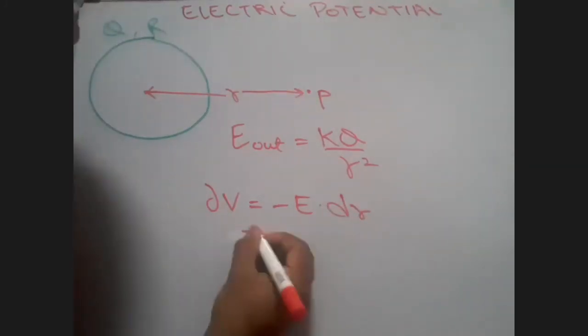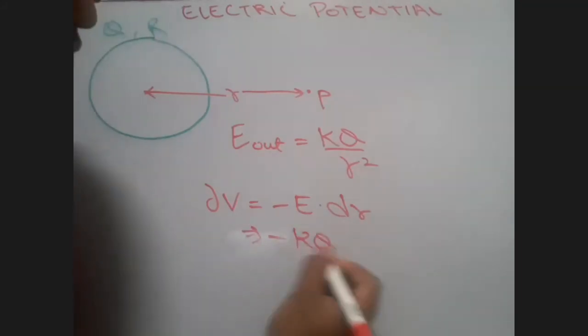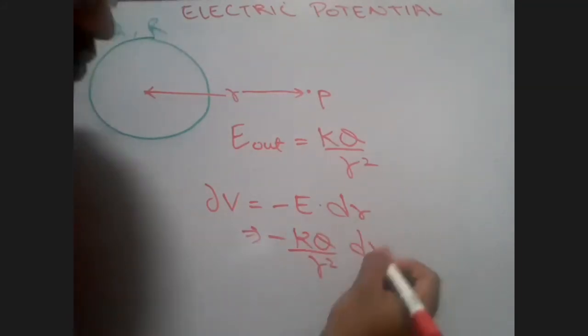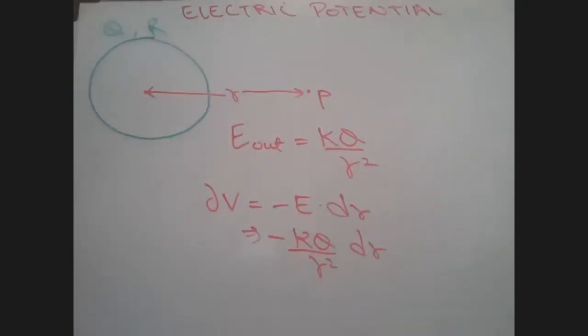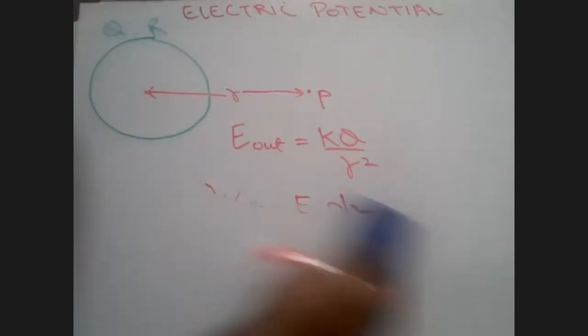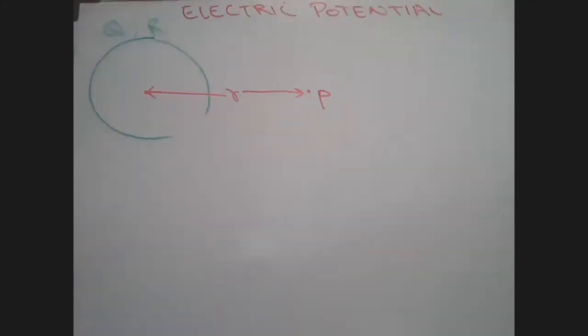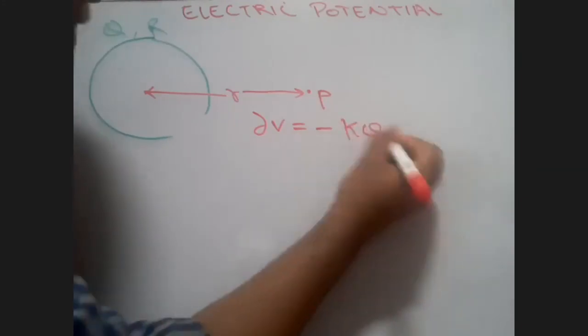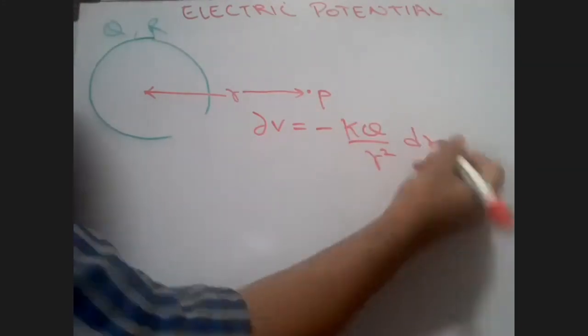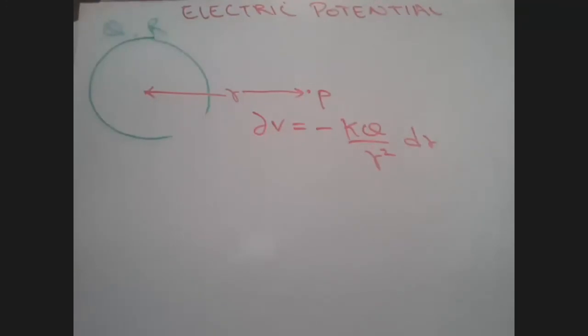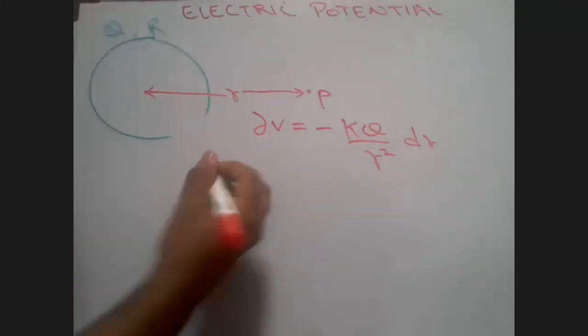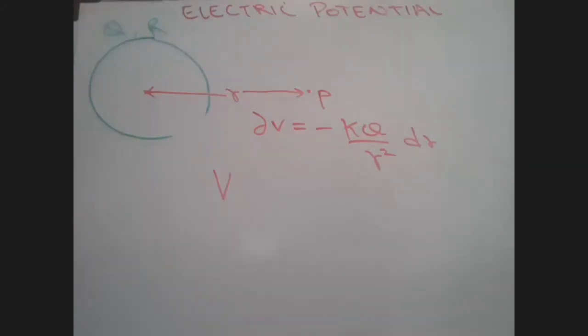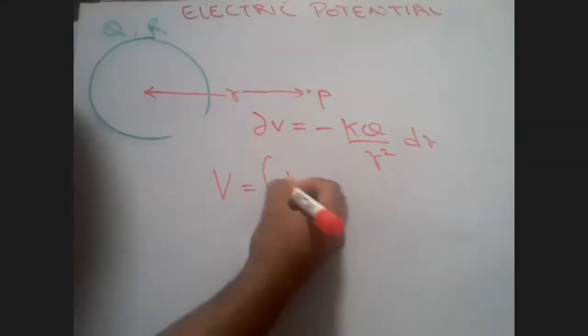It's going to be minus KQ by R square into dr. So dV is equal to minus KQ by R square into dr. Now, if I have to find out V, I have to integrate dV.